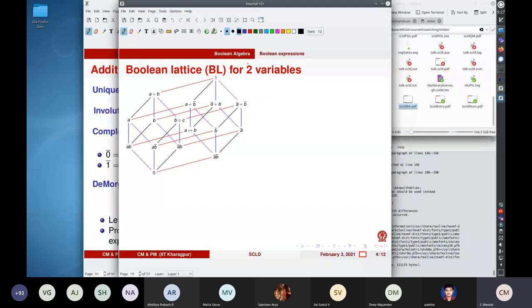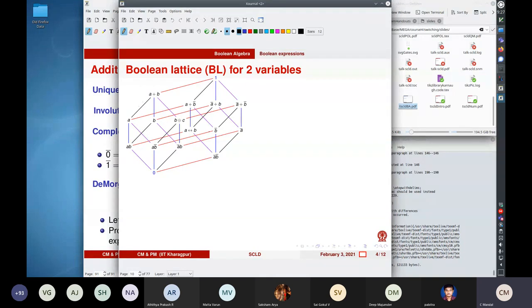So those are all possible Boolean functions that you can have out of two variables. This also clearly depicts how these functions are interrelated to each other in a Boolean lattice.